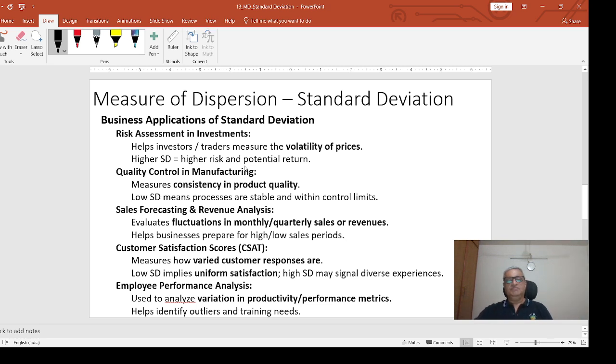So traders would measure the volatility of the share prices for each of the relevant organizations they are trying to analyze. So higher the standard deviation, higher the risk, because standard deviation will be high only when share prices are fluctuating.